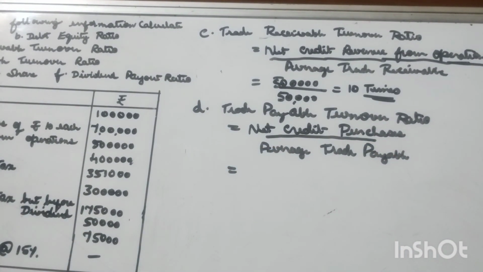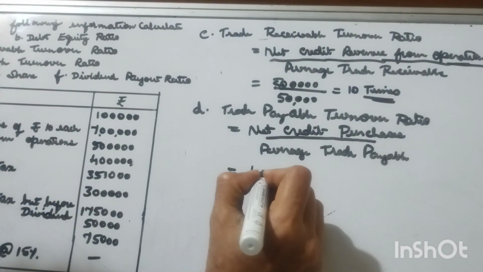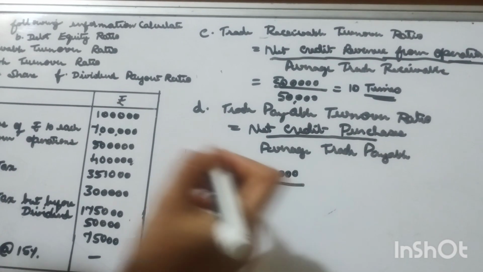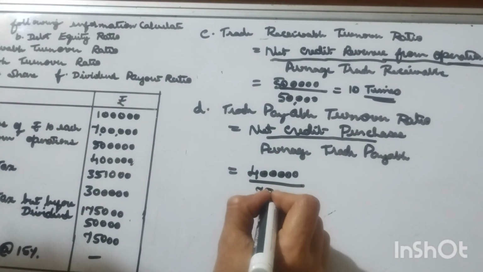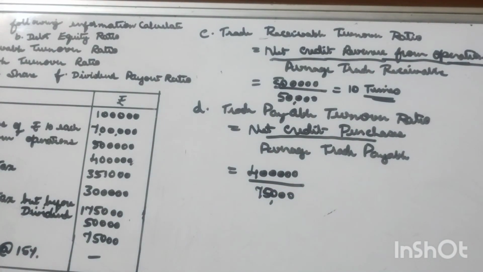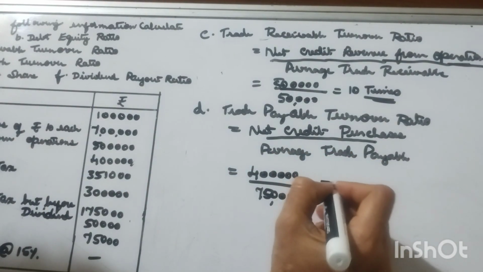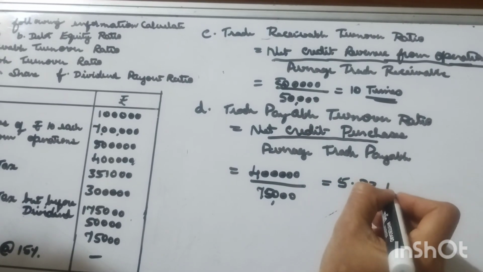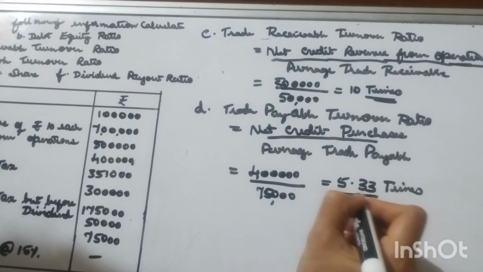Net credit purchase is given as 4 lakh divided by trade payables. Average trade payable is opening trade payable plus closing trade payable divided by 2, but here opening and closing values are not given, so this value of trade payables must be taken into consideration. 4 lakh divided by 75,000 will be 5.33. It has to be expressed in terms of number of times.